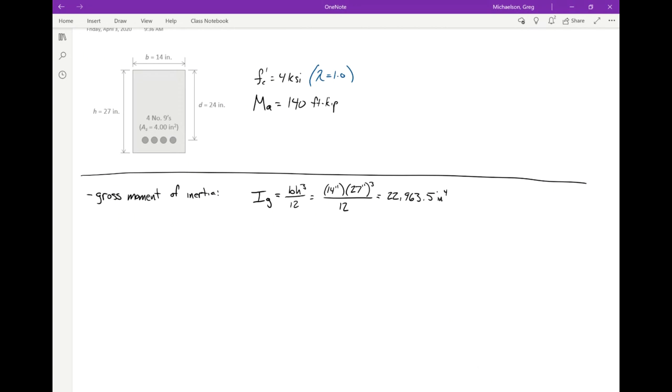Next, we're going to compute the cracking moment. In order to do that, we need three quantities. The first thing we need is FR, which is 7.5 times lambda times the square root of FC prime.